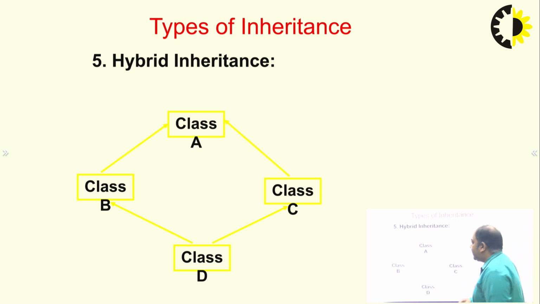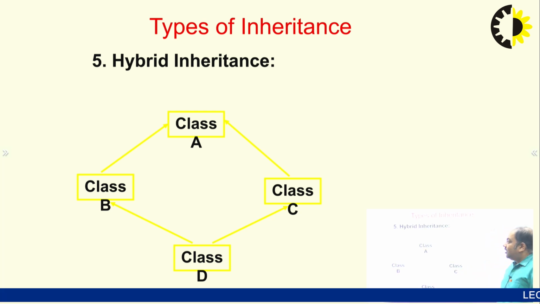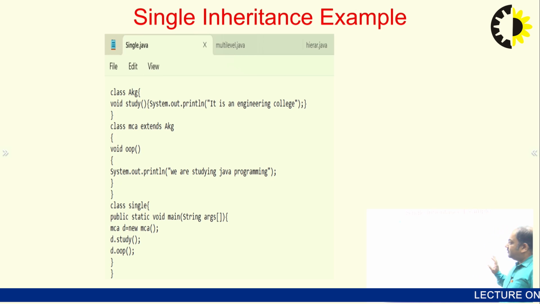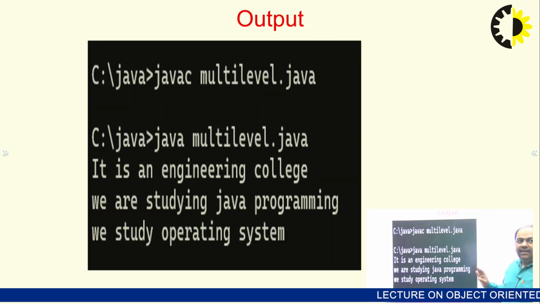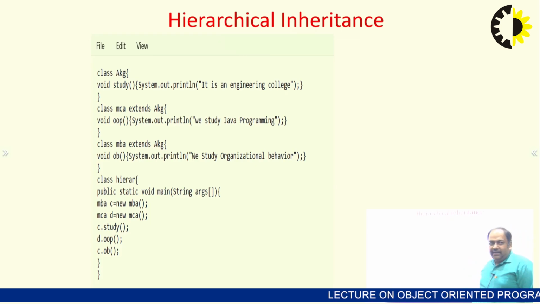And multiple inheritance, as I said, is not achieved directly in Java; it is achieved through the use of interfaces. So the programs are of single inheritance, multi-level inheritance and hierarchical inheritance.